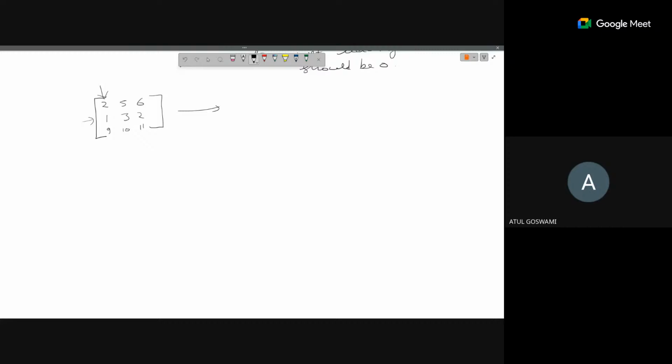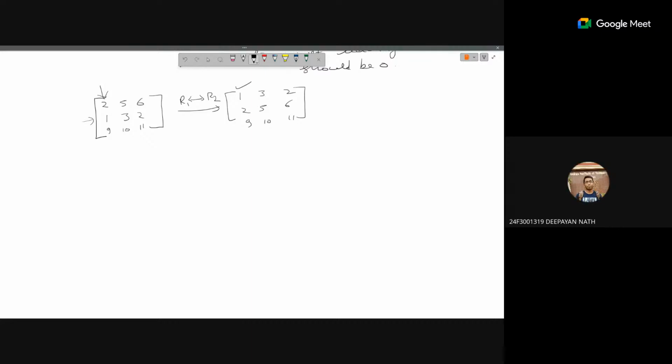I'm applying the first operation, interchanging the two rows: 1, 3, 2, and 2, 5, 6, and 9, 10, 11. What operation have I applied here? Row 1 interchanged with row 2. So I got the leading entry. The first condition is satisfied. Now the entry below must be 0, right?